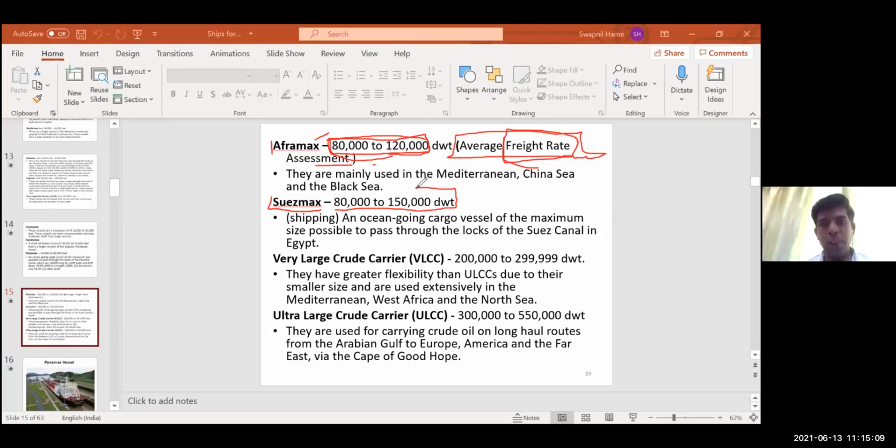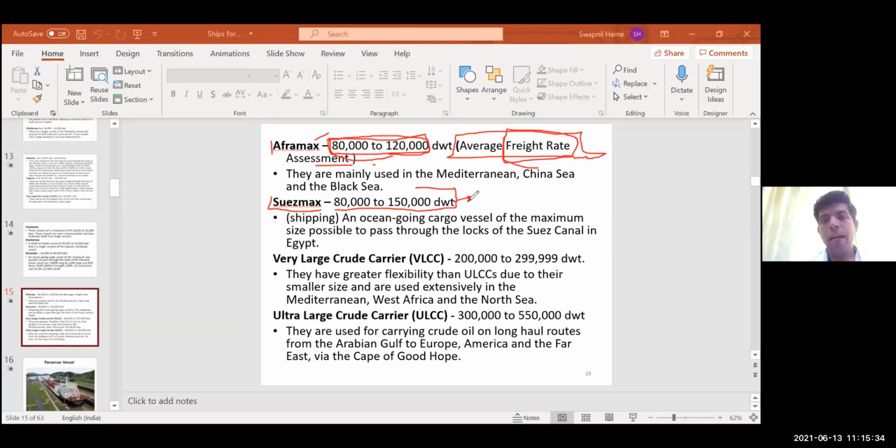So any tanker vessel which can cross through the Suez Canal is termed a Suezmax tanker. Mind you, gentlemen, now the size of the Suez Canal has increased, and even a big tanker of more than 1,50,000 deadweight can cross through it.